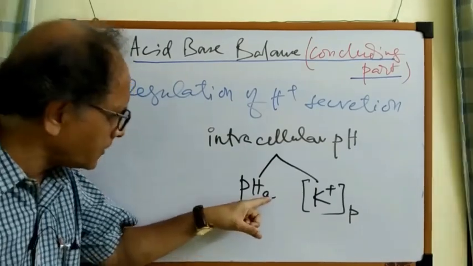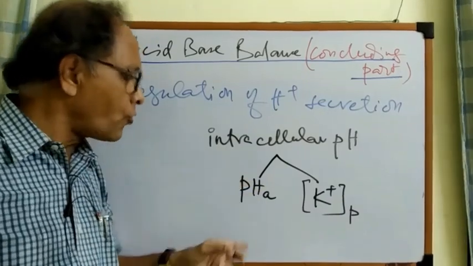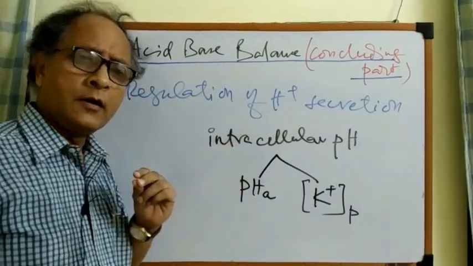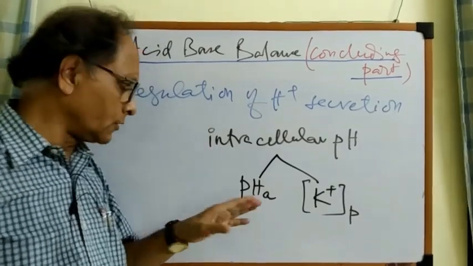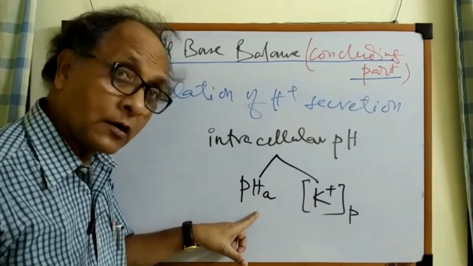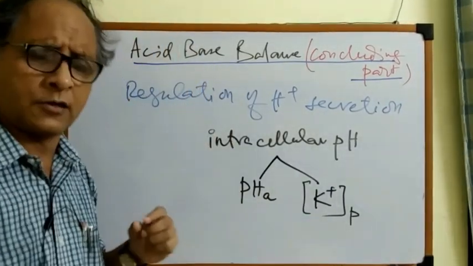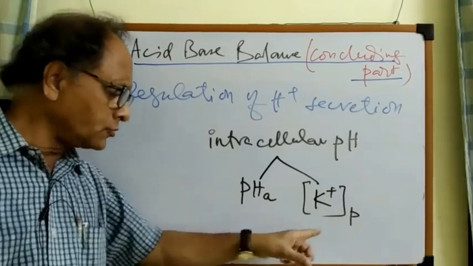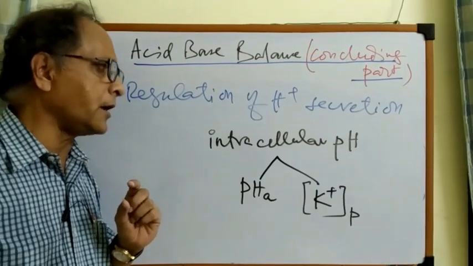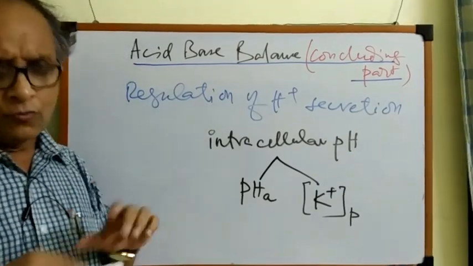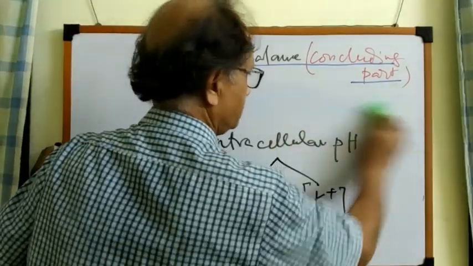It is easy to understand that whenever arterial pH is low or high, that will accordingly be reflected in the intracellular pH. This is not very difficult to understand. But how the potassium ion concentration in the plasma is affecting the intracellular pH, that you need to understand a bit better.